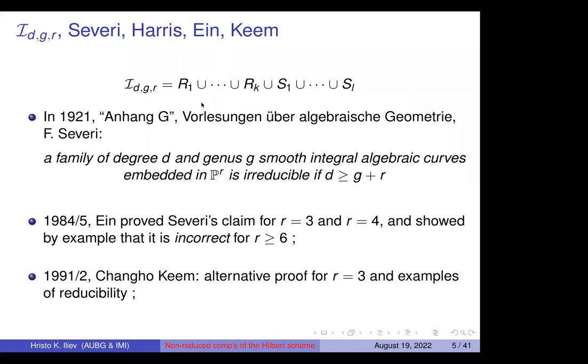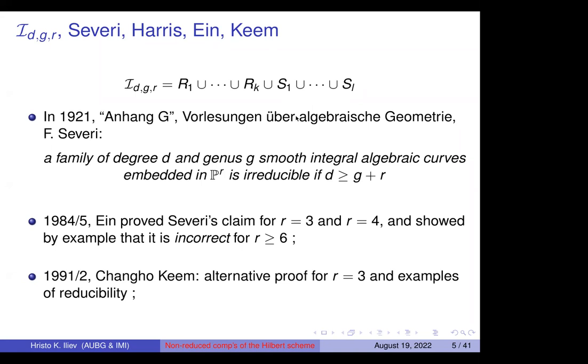I would like to mention that a general point of the components of the first type represents a smooth integral curve, just like the general points of the components of the second type.